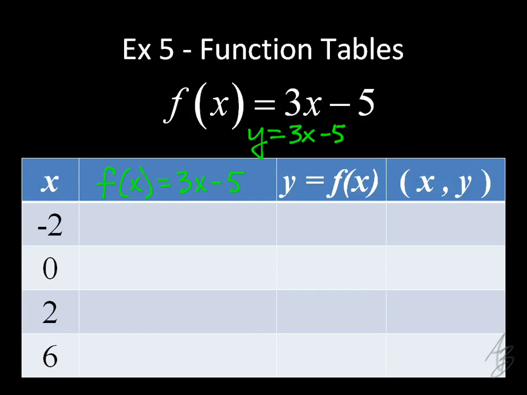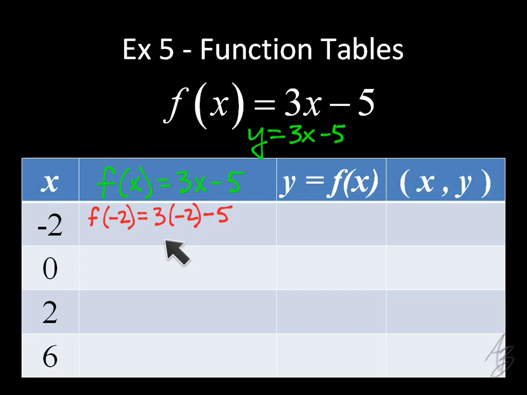Instead of x, we're going to put the negative 2. So we're going to write this as f of negative 2 equals. So we have f of negative 2 equals, and then we also have to replace this x with negative 2. So we're going to have 3 times negative 2 minus 5.